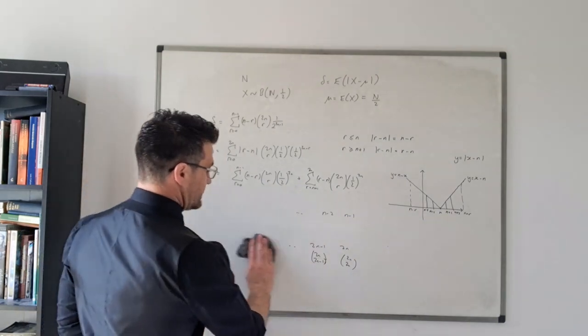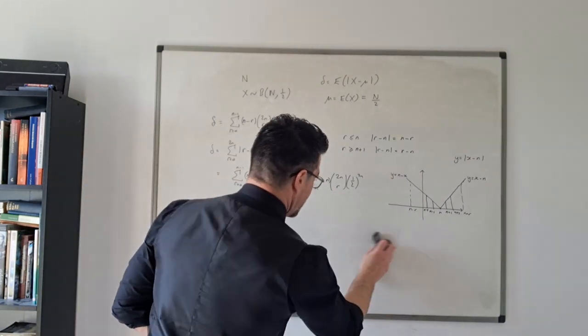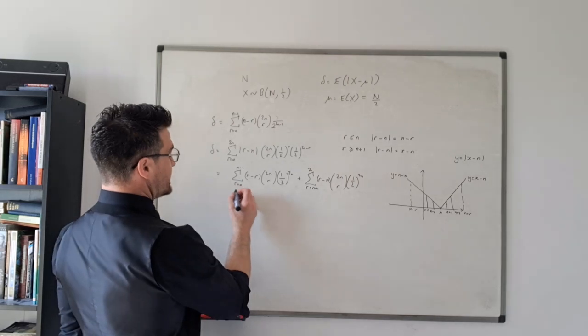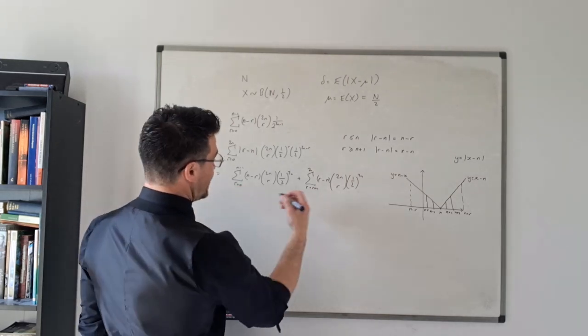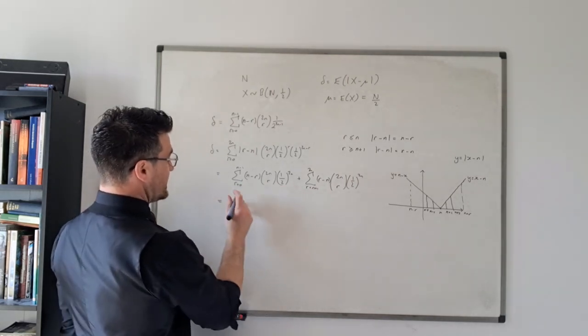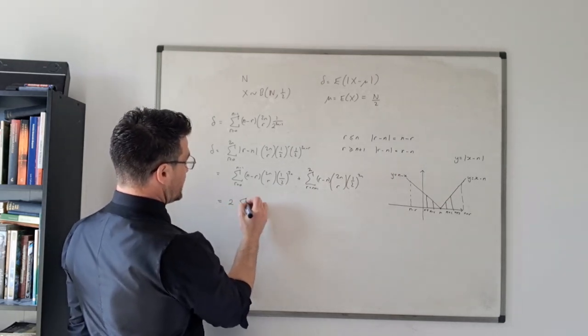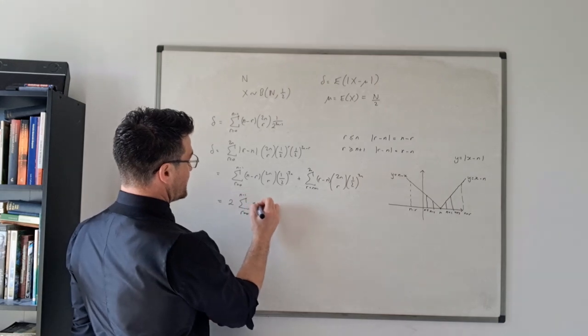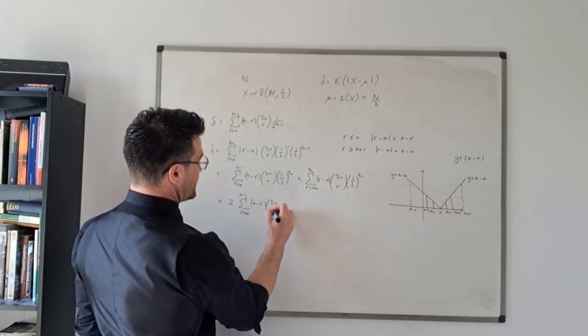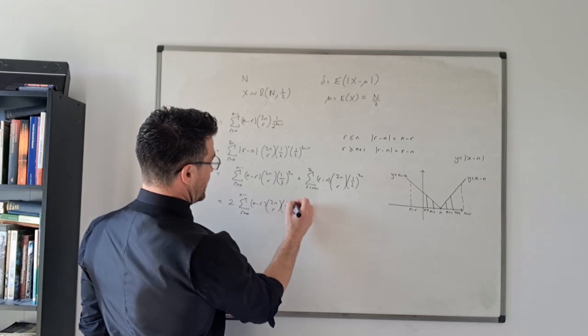That's the main thing. So what I can eventually conclude is that this and this are equal in value. So this sum is equal to twice the sum from r equals 0 to n minus 1 of n minus r, 2n choose r, half to the power of 2n.